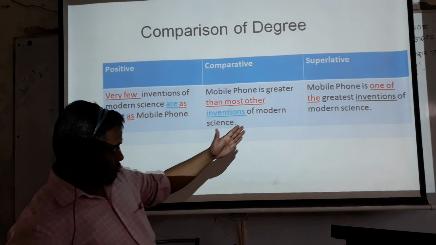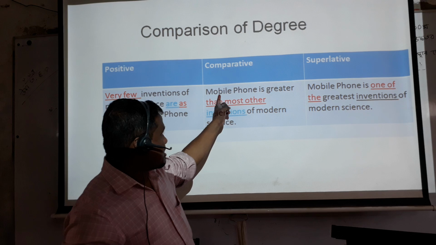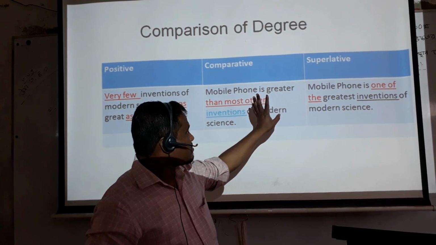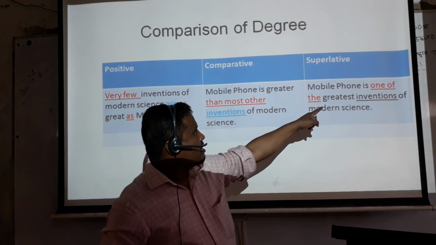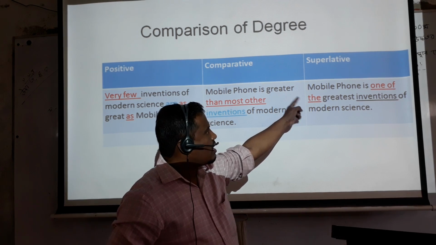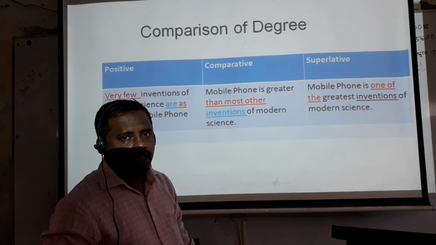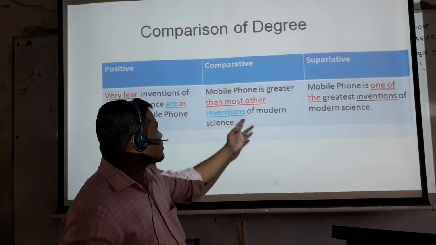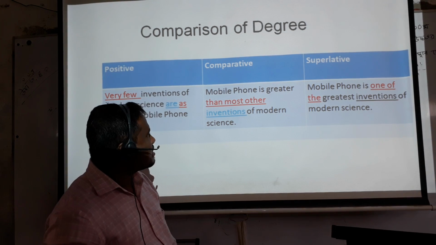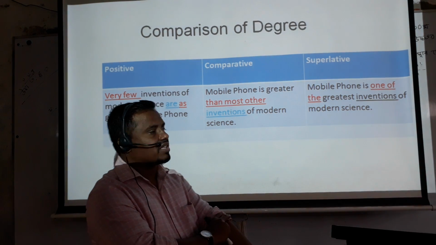Now if you're asked to transform superlative into comparative, the subject and verb will be the same. Then the comparative form from superlative greatest, greater, and in place of one of the, you have to use than most other, and the rest of the words, inventions of modern science. That is, mobile phone is greater than most other inventions of modern science.